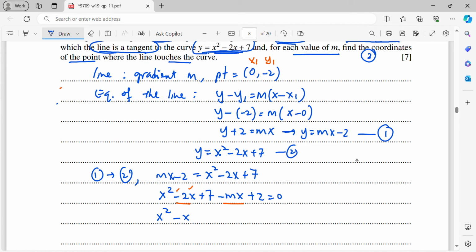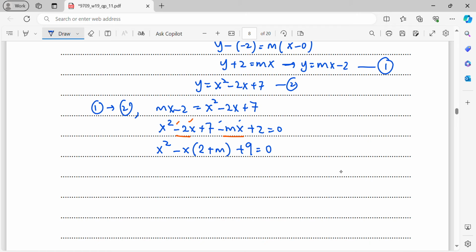Once you factorize minus x, the first term left 2 and the second term left m, so minus x bracket 2 plus m. Then 7 plus 2 will be plus 9. So you are getting a quadratic equation, but in terms of m and x.